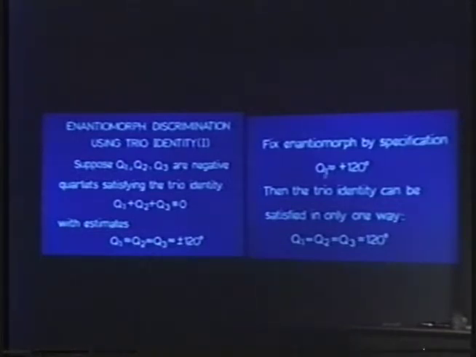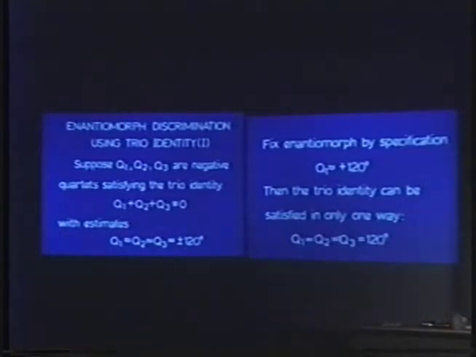We now fix the enantiomorph by choosing the plus sign for the first quartet. Q1 is plus 120 degrees. Now, in how many ways can we satisfy the trio identity? Now it's plain to see that there's only one combination of signs for Q2 and Q3 for which this identity will be satisfied.